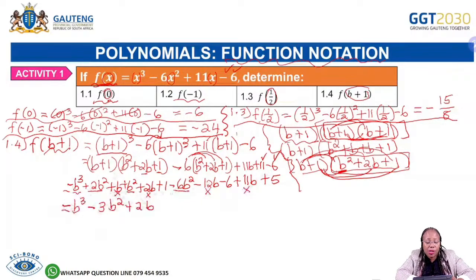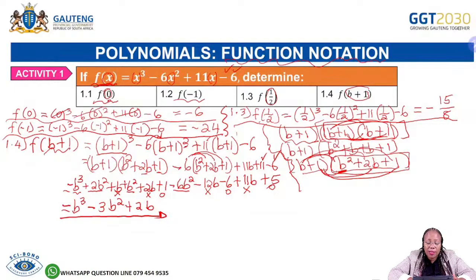All right, I hope we are still together. And then now lastly, we are adding the constant numbers without a b. Therefore, it will be 1 minus 6, that is minus 5. Minus 5 plus 5, that is 0. So now the answer for f at b plus 1 is b cubed minus 3b squared plus 2b. That is the expected solution for that, Grade 12.